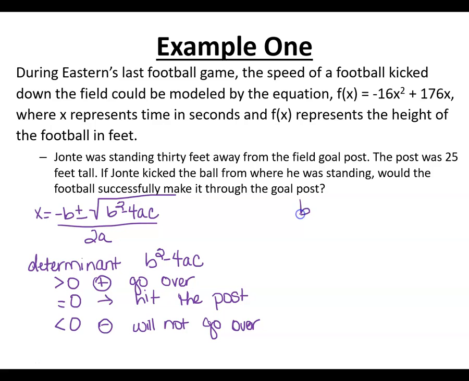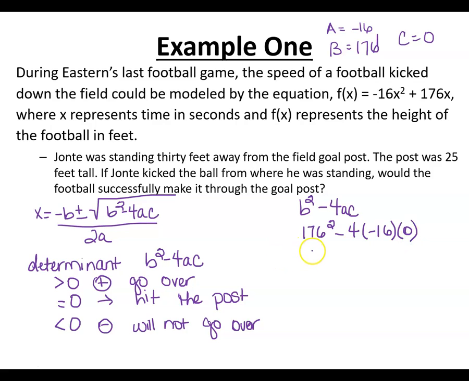So, in this case, we know again, a is negative 16, b is positive 176, c is 0. So b squared minus 4ac can be substituted in as 176 squared minus 4 times negative 16 times 0.